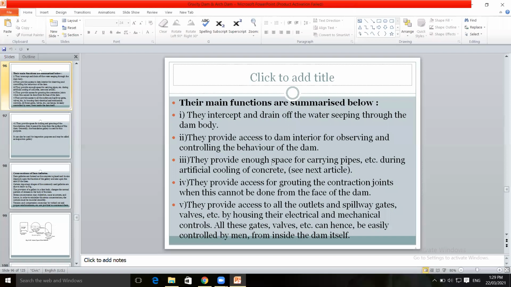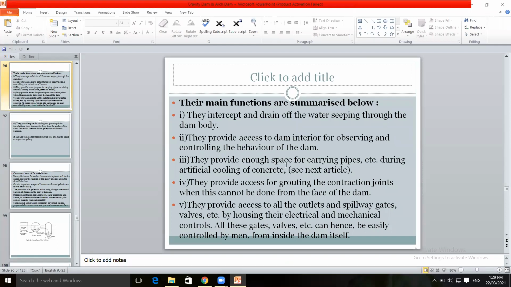The third function is they provide enough space for carrying pipes. For carrying pipes also these galleries are provided, during artificial cooling of concrete.